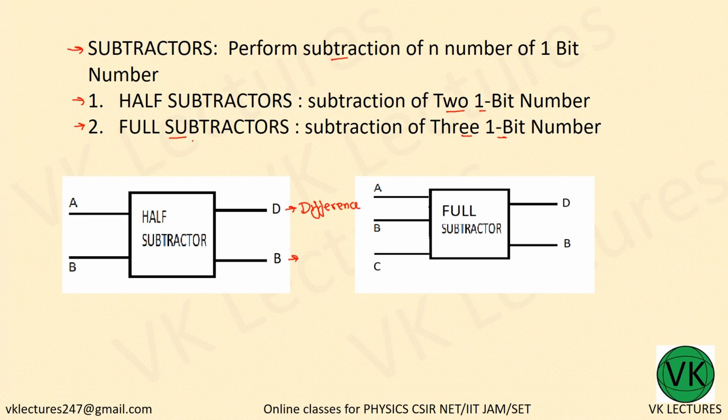B is the borrow. Borrow means whenever you have, for example, 64 minus 35, you have to do 4 minus 5, which is not possible, so we take one from the 6, the neighboring one. So 14 minus 5, that is 9.